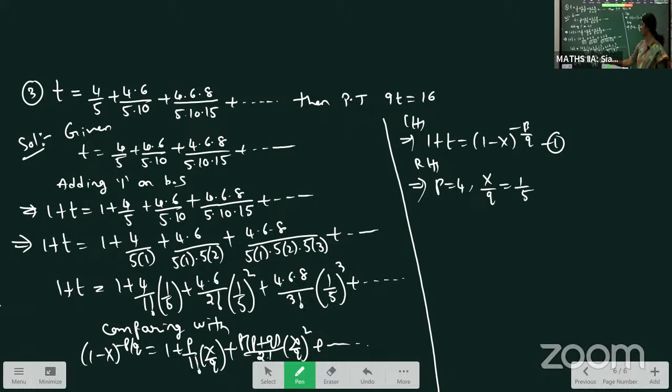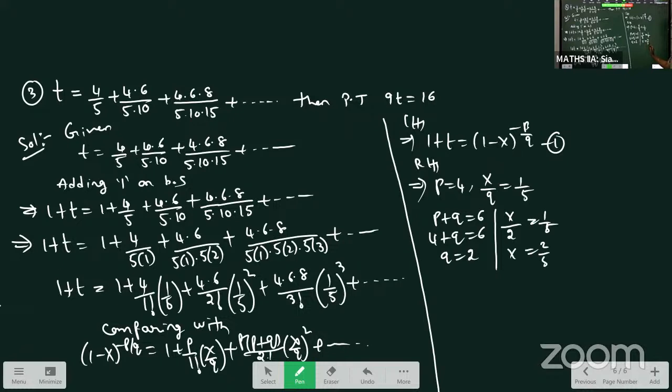When you go to the next term, in the place of p plus q, we have 6. Substitute the p value: 4 plus q is equal to 6. So q is equal to 6 minus 4, it is 2. So x by q, q being 2, is equal to 1 by 5. So x is equal to 2 by 5.